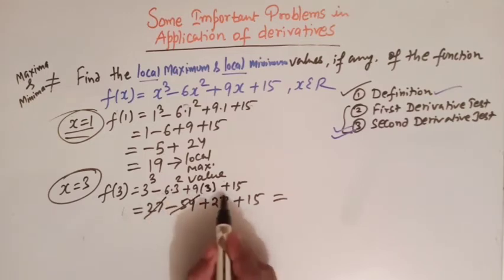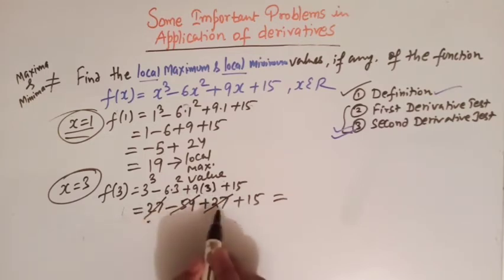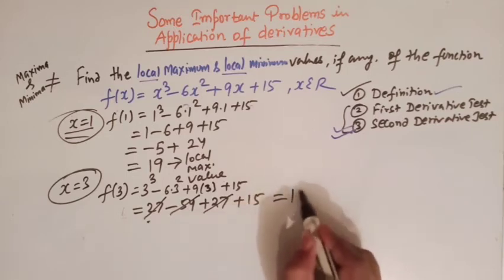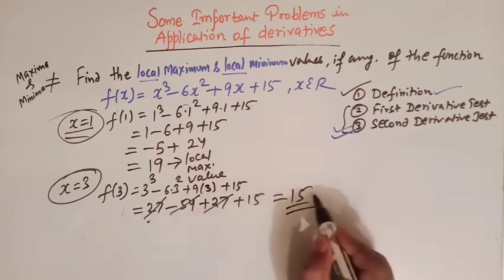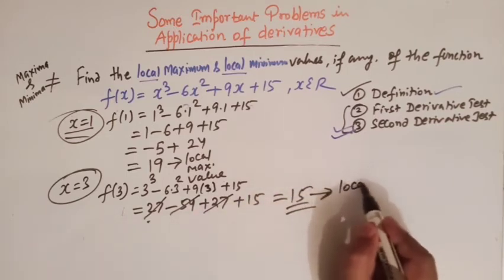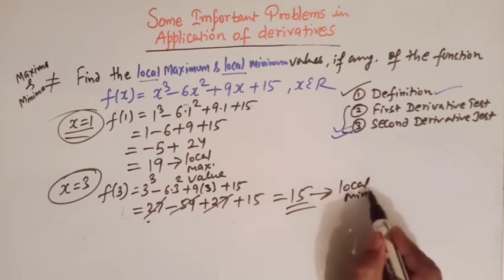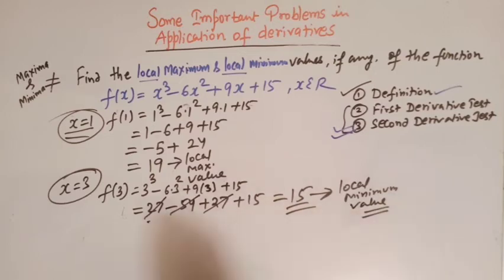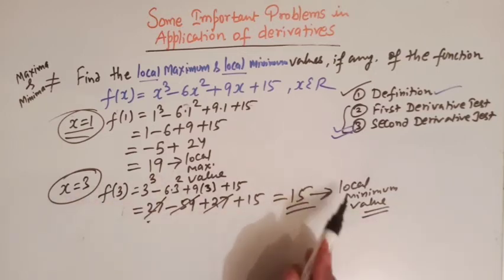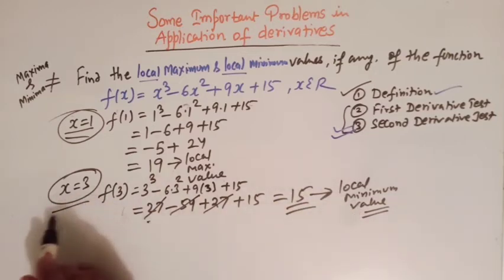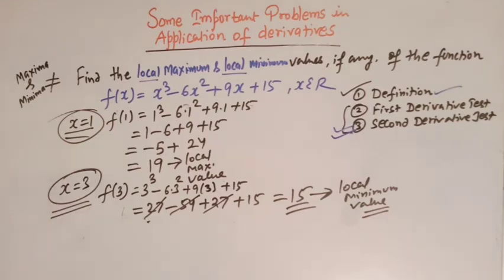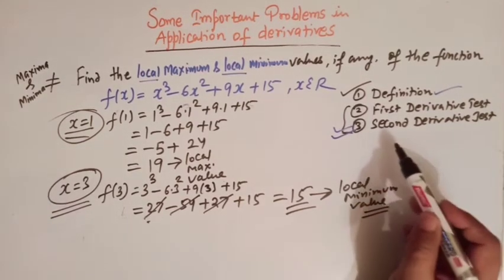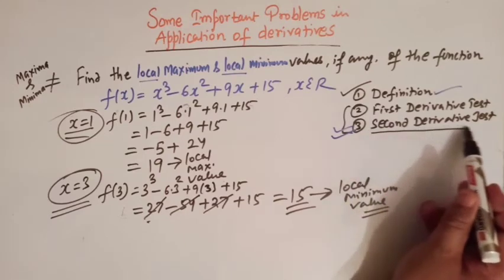So these three terms get cancelled, so we have 15, right? So this is the local minimum value of the function, right? And this local minimum value occurs at x equal to 3, right? Okay, so here we have used the second derivative test.